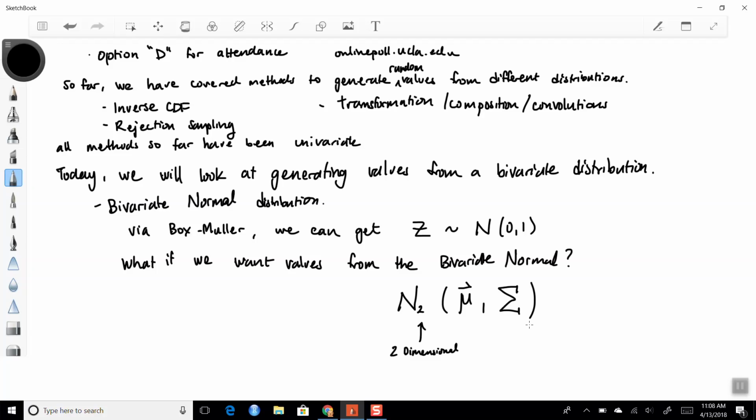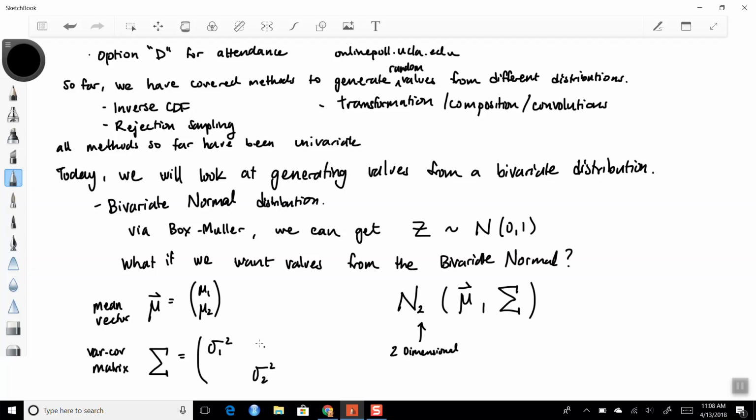Okay. So the mean vector is equal to mu1, mu2, and then your variance covariance matrix sigma is sigma 1 squared, sigma 2 squared in the diagonals, and then the covariance in the off diagonals, where sigma 1,2 will be the covariance between x1 and x2.